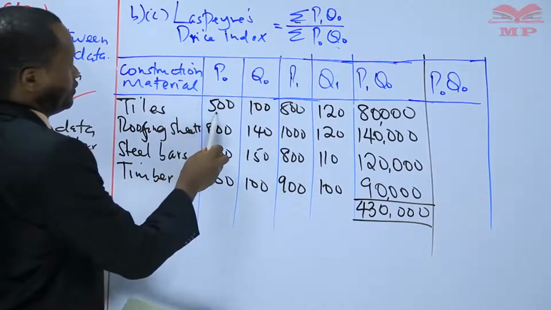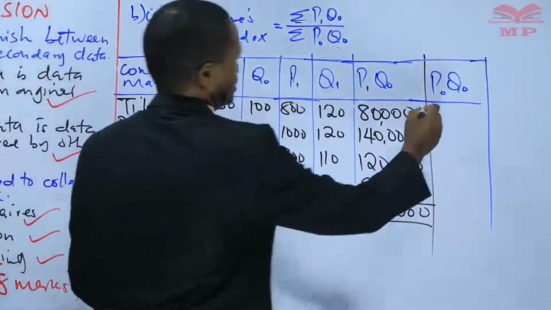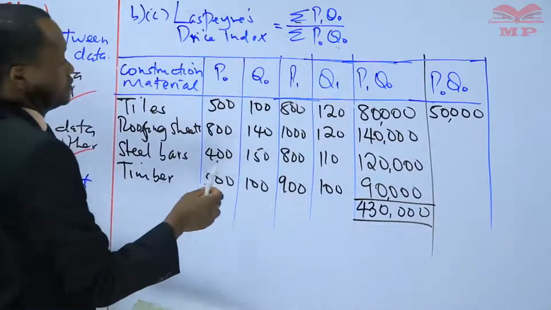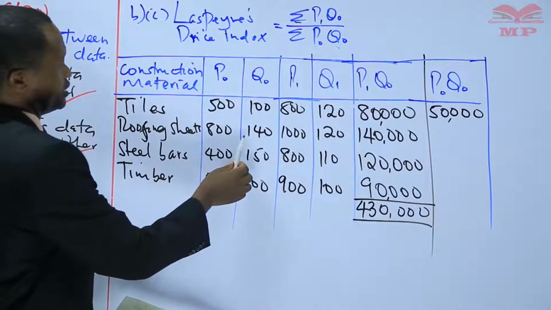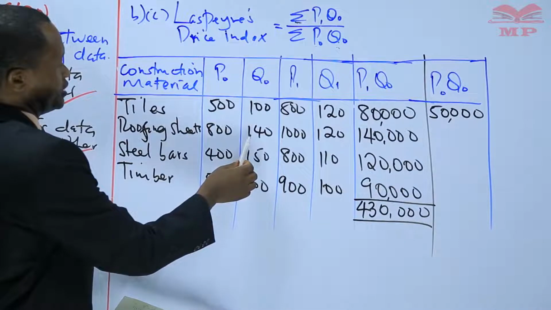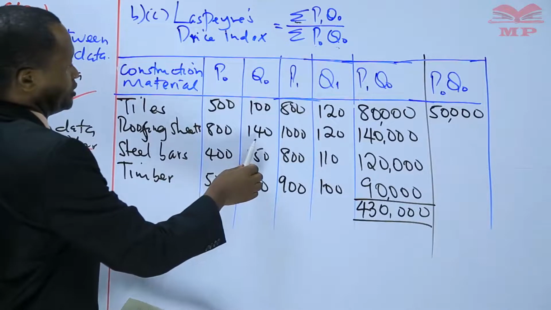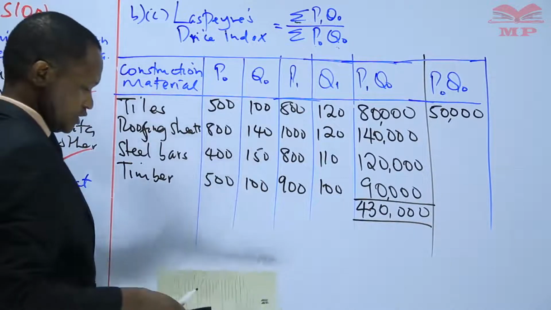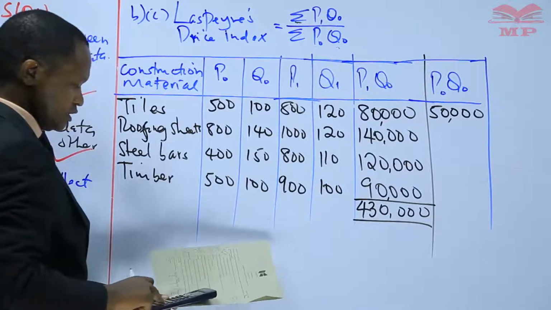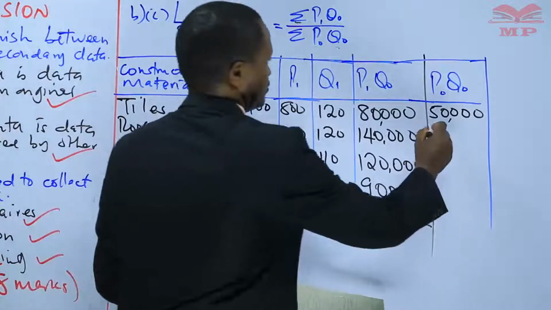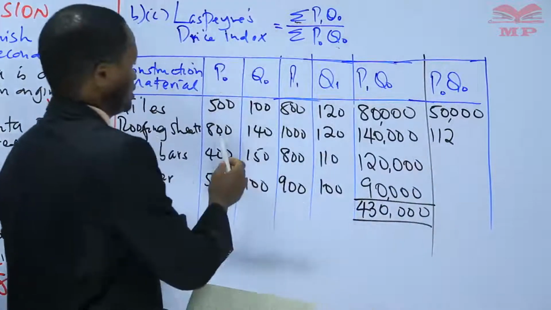For tiles, 500 times 1000, you can see 5 and 4 zeros. 800 times 140, that is 14 times 8, which is 112, and 3 zeros.